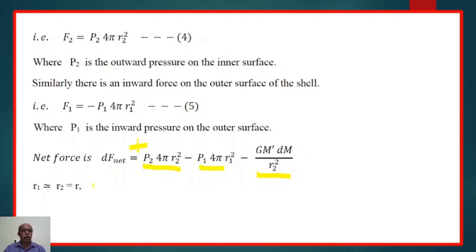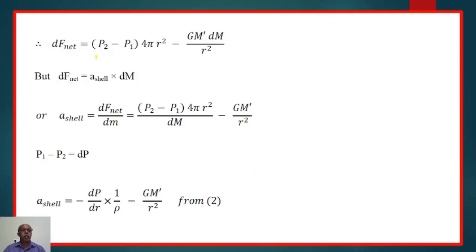And therefore, if R1 is nearly equal to R2 and each is equal to r, then this expression becomes dF net is equal to (P2 minus P1) into 4 pi r square minus G m dash dm by r square. But dF net is equal to a shell into dm, or a shell is equal to dF by dm, or it is (P2 minus P1) 4 pi r square divided by dm minus G m dash by r square.